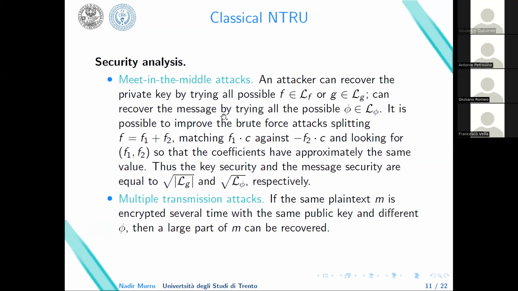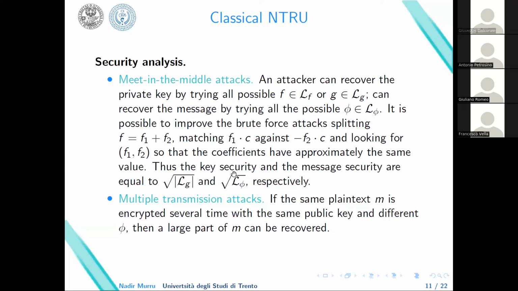Similarly, you can also recover the message by trying all the possible polynomials phi. Indeed, if you remember, this polynomial is used in the encryption procedure. And this brute force attack can be improved by trying to split the private key that you don't know into polynomials and try to find these polynomials f1 and f2 in some way.